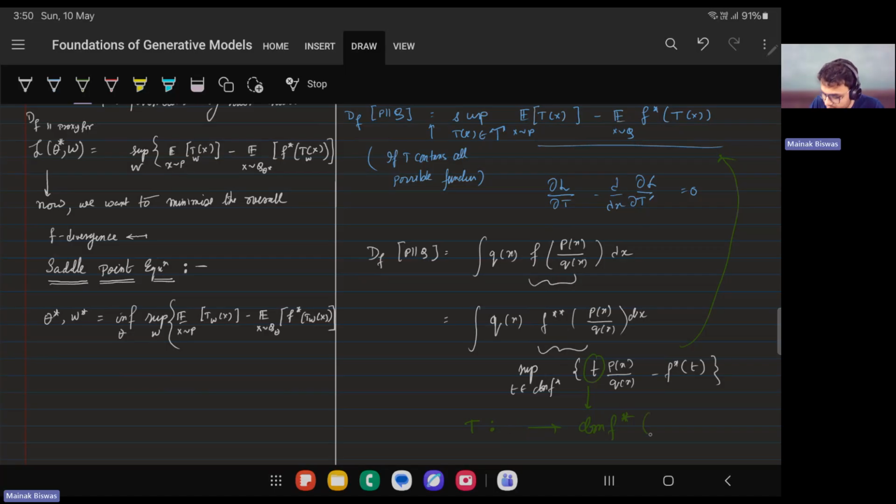All the values that x was taking, T will take for the corresponding values of x. So whatever value we had for x, there will be a particular value of T that maximizes this equation. So it will convert it to the domain of f star.